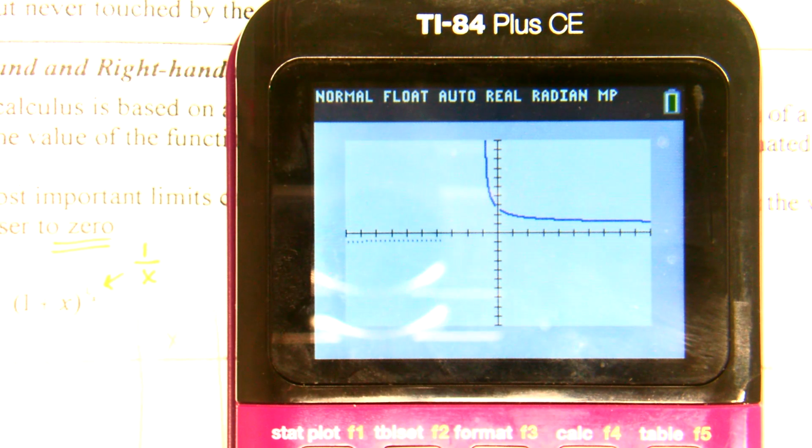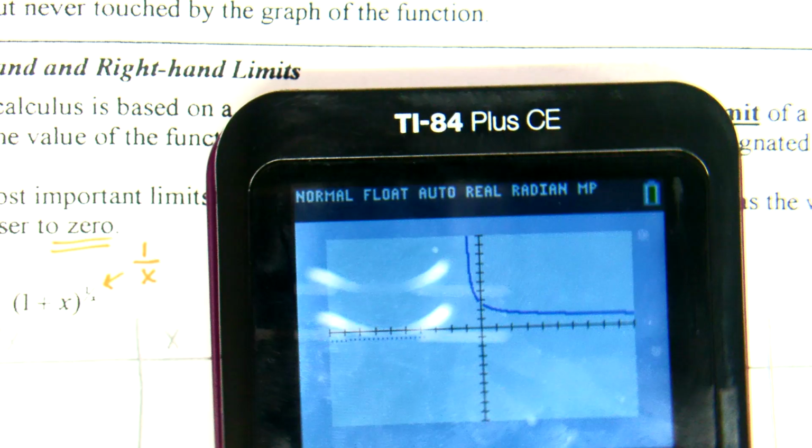Okay, so now we are trying to find out what this graph is doing as, what was it? The value of x gets closer and closer to 0. So as x gets closer and closer to 0, where am I looking at on my graph? Not in terms of the y value getting closer to 0, the x value.